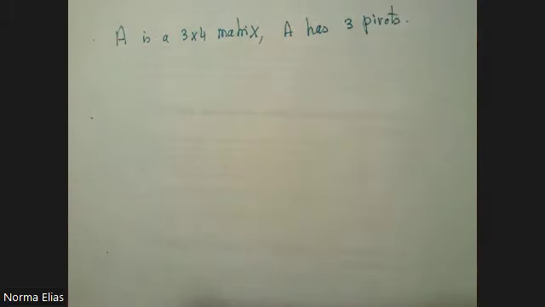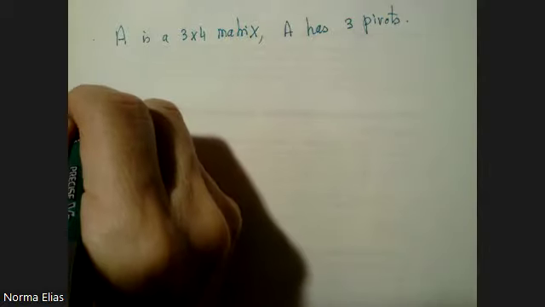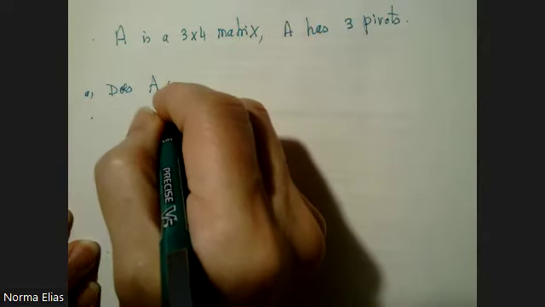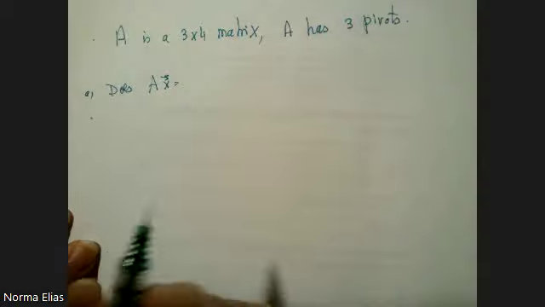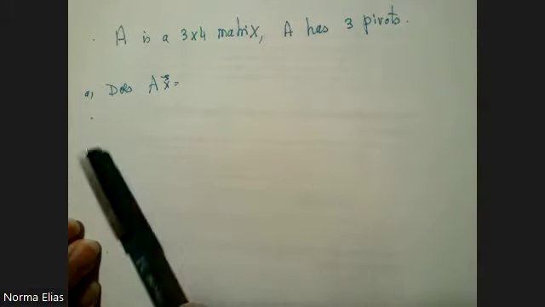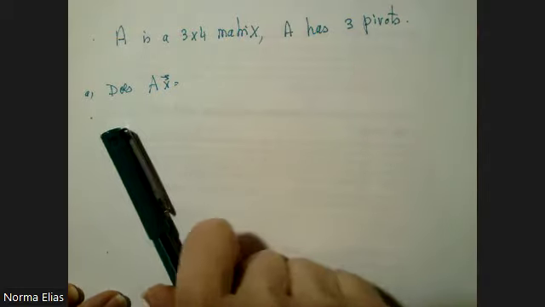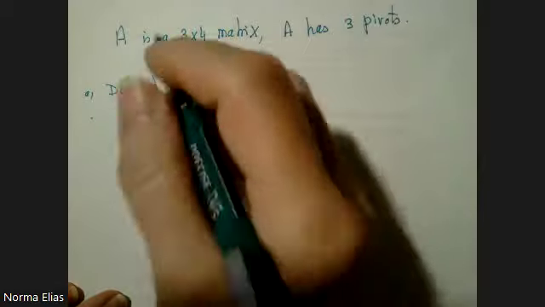As I said, start imagining the problem in your mind. Question number 1. Does the homogeneous system, remember, homogeneous systems are always consistent. So any question about the homogeneous system is going to be, is it unique or infinite? I don't have a consistency issue because x equal to 0 is a solution.